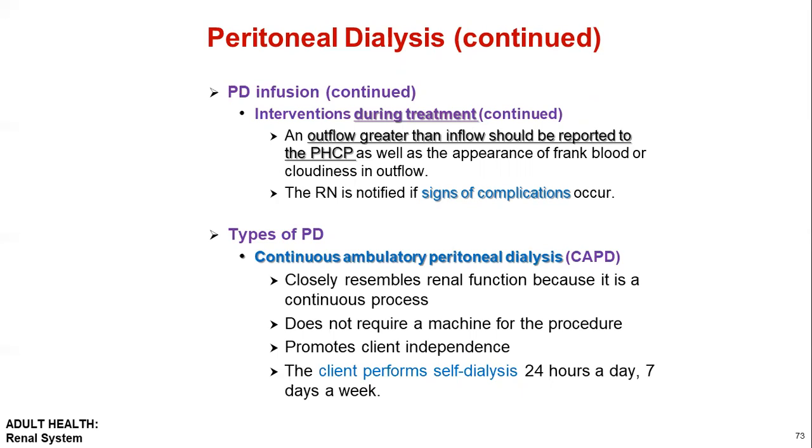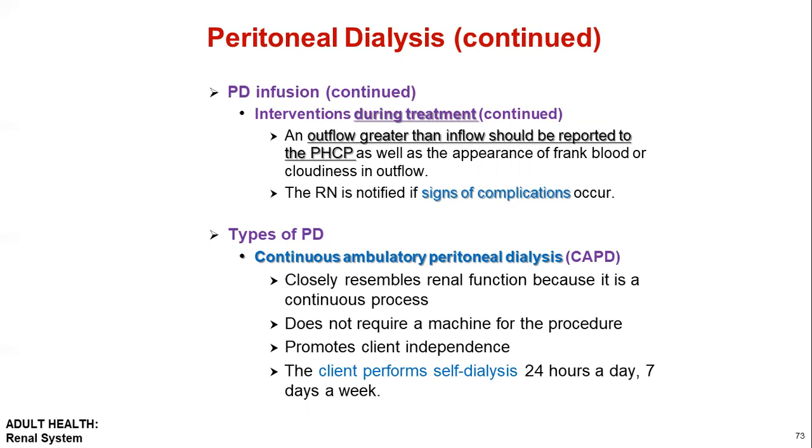We can also check for any leakage, or check the output of peritoneal dialysis. If it is bloody or cloudy, it indicates infection, or protein may be lost in the dialysate. So finding complications and preventing them is very important during peritoneal dialysis.